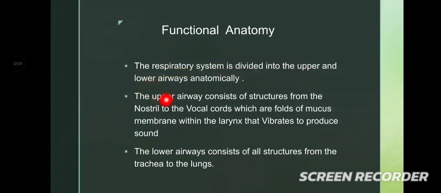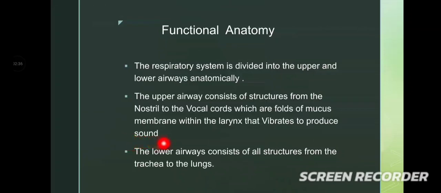The upper airway consists of structures from the nostrils to the vocal cords, which are the folds of mucous membrane within the larynx that vibrate to produce a sound. In other textbooks you find that they are also referred to as the voice box. They are located in a structure known as the voice box. That's where you find these vocal cords.